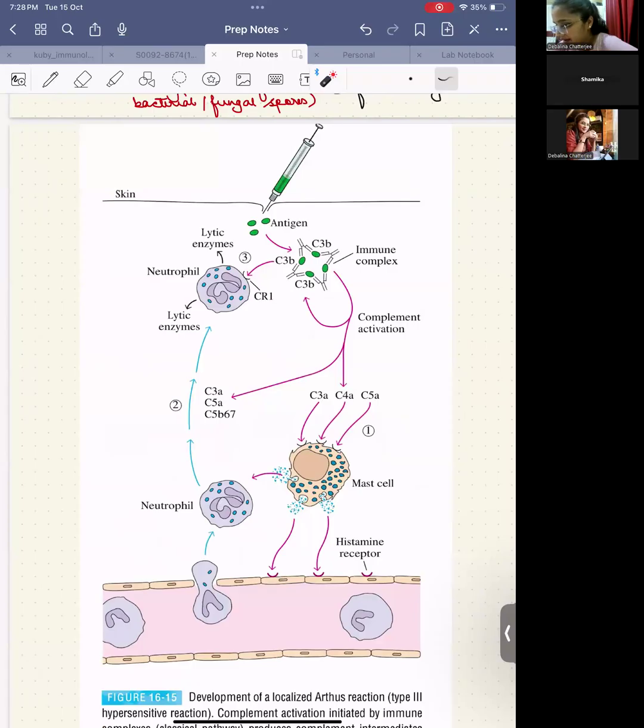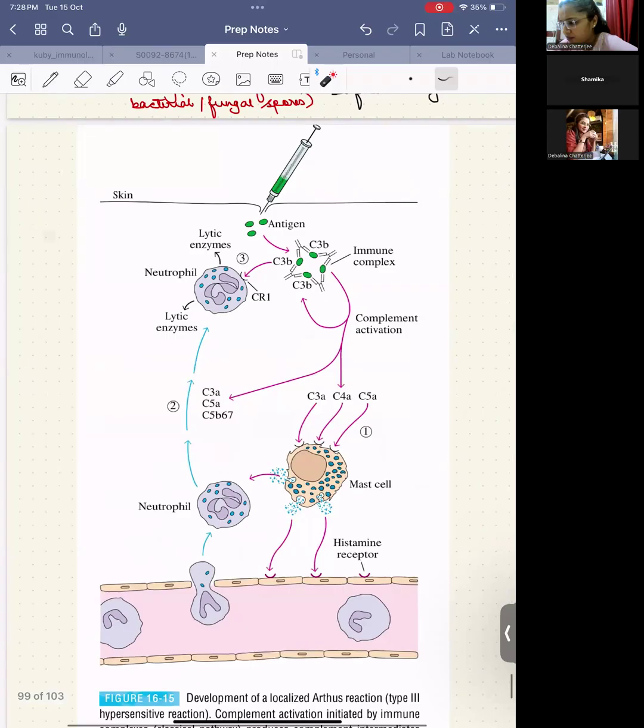So, just a schematic of the same thing that we have discussed so far: if we purposefully administer an antigen, we can have that binding to form these immune complexes. When it is bound, it can lead to complement activation.